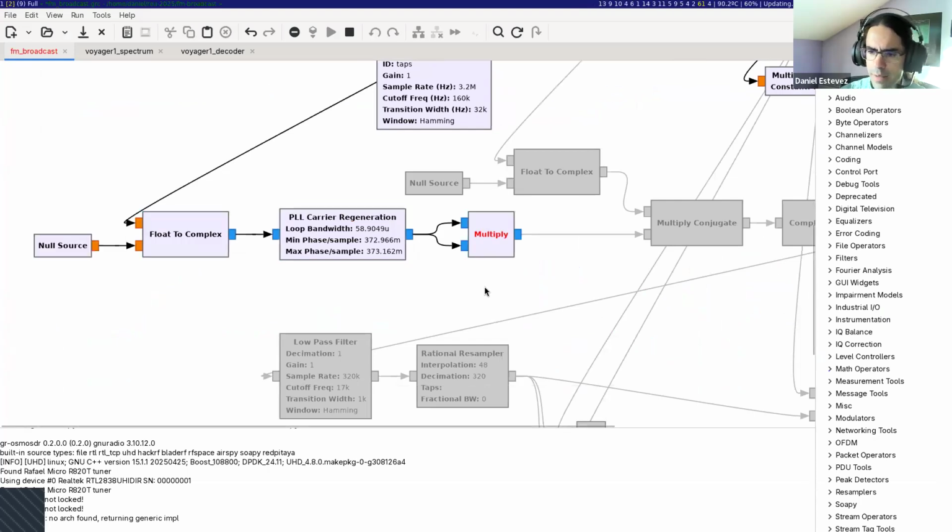Why is that? If you think of the output of this as a complex exponential, a complex cosine, like the signal source we were using to generate a clean tone, it looks like exponential of 2 pi times the frequency times time. If I raise that to the power 2, because of the properties of the exponential, the power 2 goes to the exponent, and now I have exponential of 2 pi times the frequency times time times the number 2.